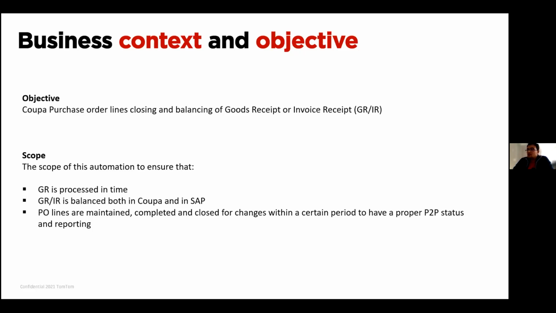To prevent that, we need to close the purchase order within a certain period of time, and also to have proper purchase-to-pay and reporting status. So to fill the gap between COUPA and SAP, we need to perform this automation.